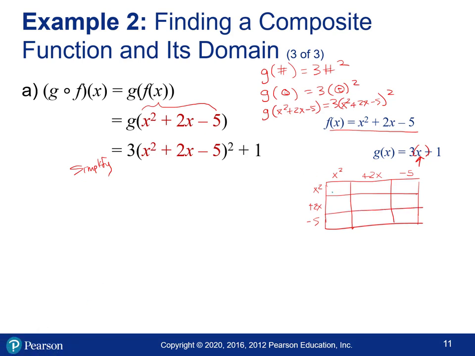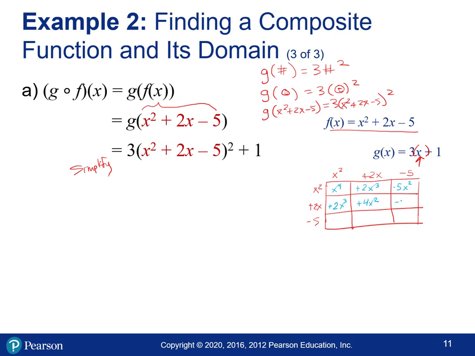Okay, so we have x squared times itself, which is x to the fourth, and then x squared times 2x, so that's going to be 2x cubed. Then negative 5 times x squared, so that row's done. Then 2x times x squared, so that's 2x cubed. 2x times 2x, so that's 4x squared.